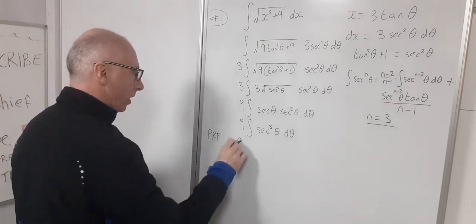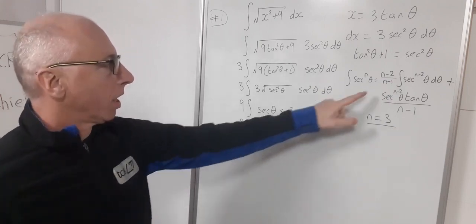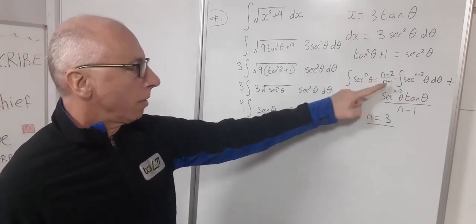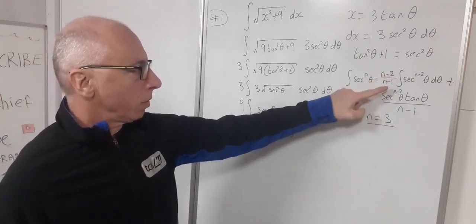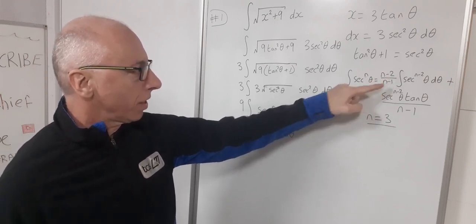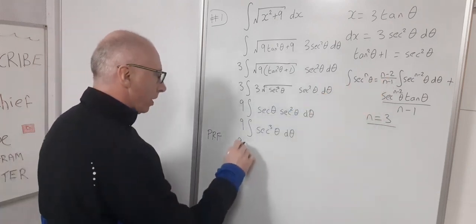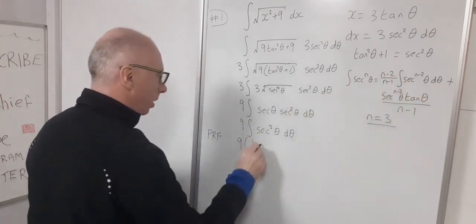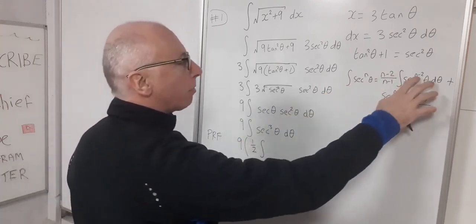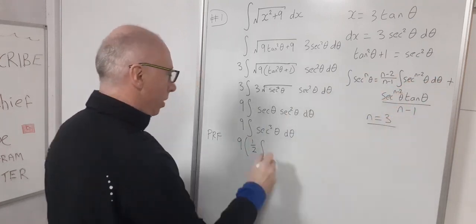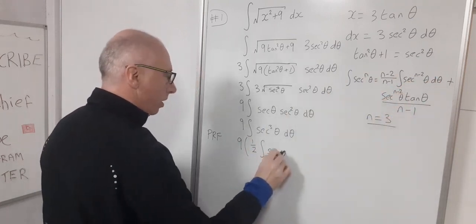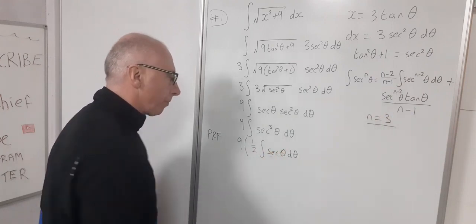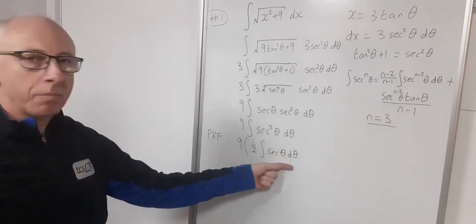I've now got 9 times n minus 2 over n minus 1. So 3 minus 2 is 1, 3 minus 1 is 2, so that's a half. So I've got 9 times 1/2, and then the integral of secant to the n minus 2. 3 minus 2 is 1, so it just leaves me with secant theta d theta. So that's my first part of my answer.